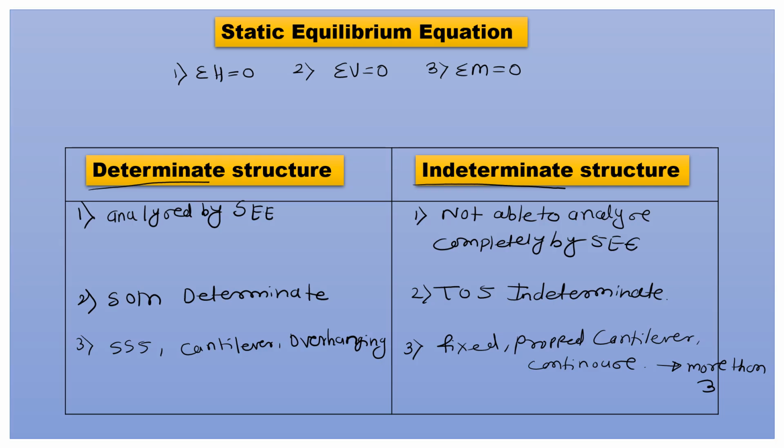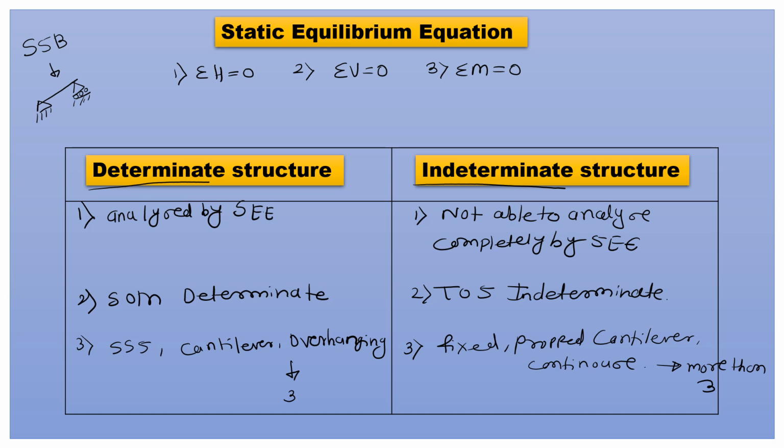In simply supported, cantilever and overhanging beams, only 3 unknowns are there. But if an overhanging beam has more than 3 unknowns, then it also comes under indeterminate structures. If the unknowns are 3, we use the static equilibrium equations to solve it, and it is considered a determinate structure. One important point about the simply supported beam: one end is a hinge and the other end is a roller.